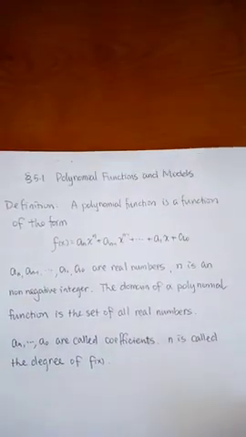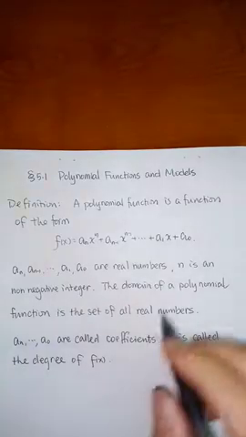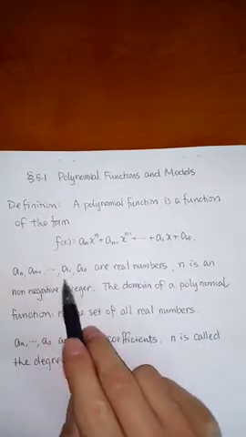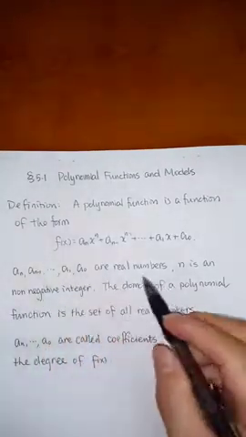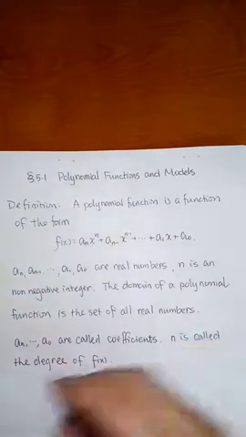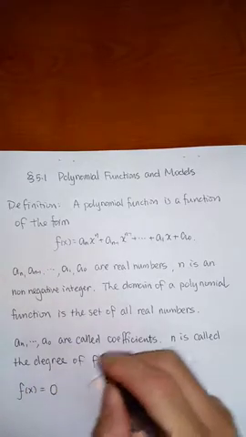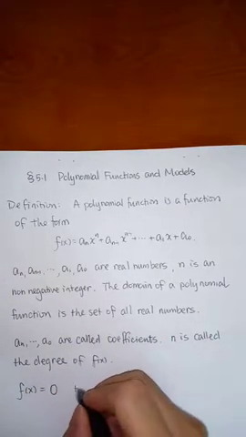Here we have a special situation. The coefficients are all real numbers, and possibly they are all 0. If they are all 0, you get the so-called zero polynomial.